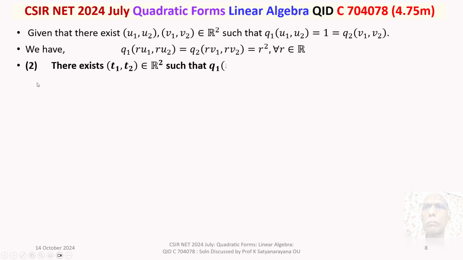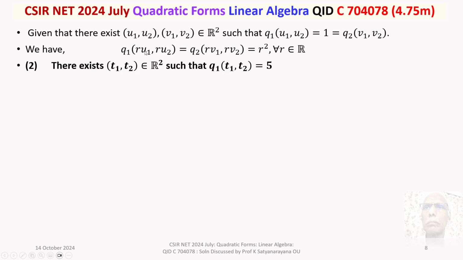We recall option 2. There exist T1, T2 belonging to R square such that Q1 of T1 comma T2 is equal to 5. In the above, for Q1 of RU1, RU2, that we have shown to be R square, you take R is equal to root 5.